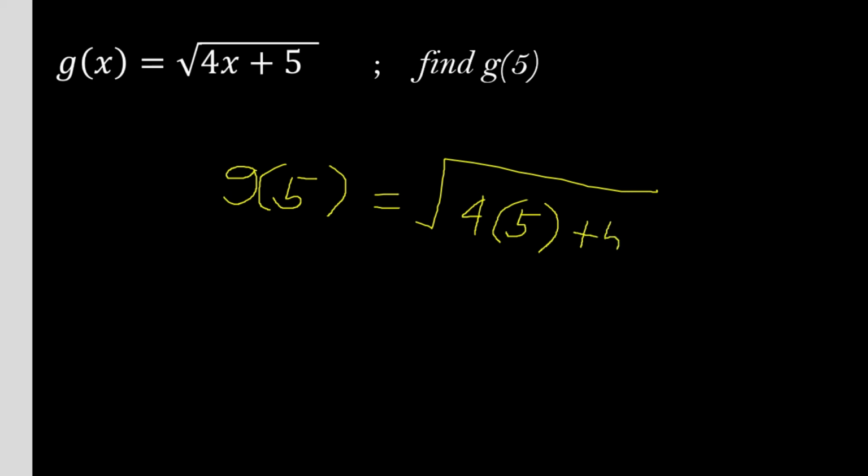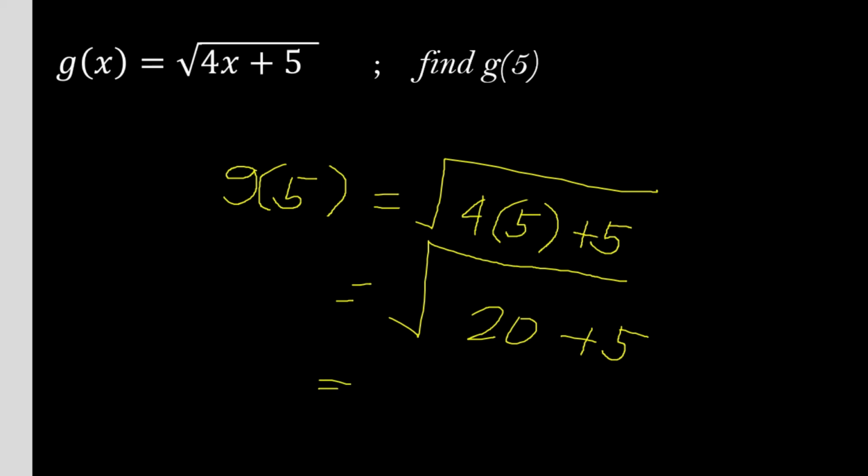Okay, so simplifying this, we have square root of 4 times 5, which is 20, plus 5. Therefore we have square root of 20 plus 5, which is 25.